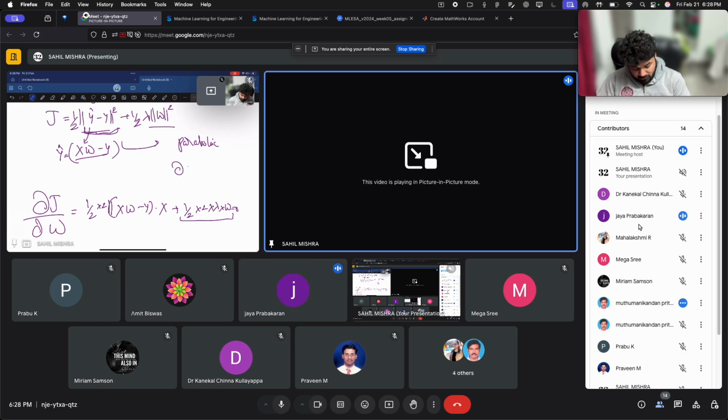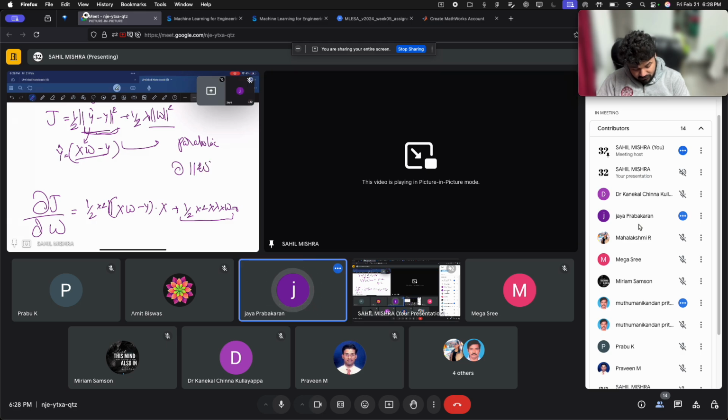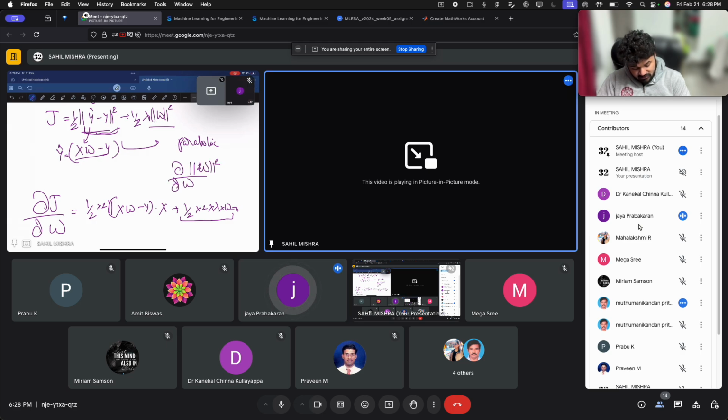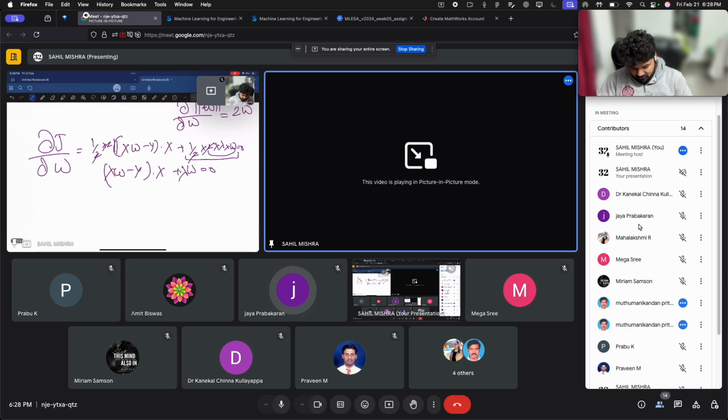What is dou of W square by dou W? This becomes 2 times W, right? So this is 2 times W only. I just wrote 2 here just to cut it. Okay, so this becomes (XW minus y) times X plus lambda W equals 0.